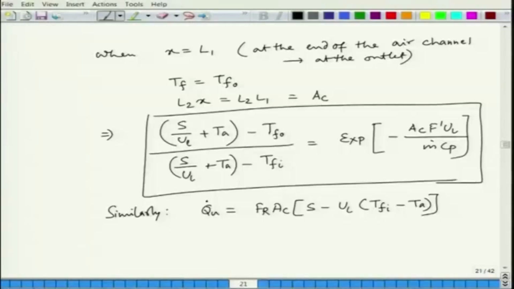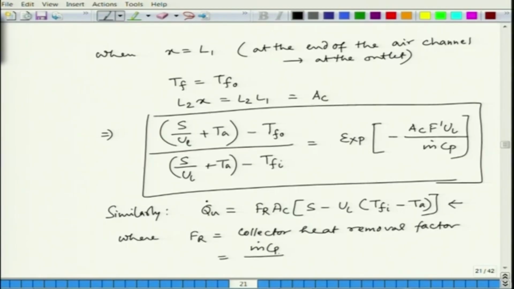Okay. So, again we have written this equation directly, and here the FR, which is nothing but the collector heat removal factor, is m dot Cp over UL AC into 1 minus exponential minus F prime UL AC divided by m dot Cp.